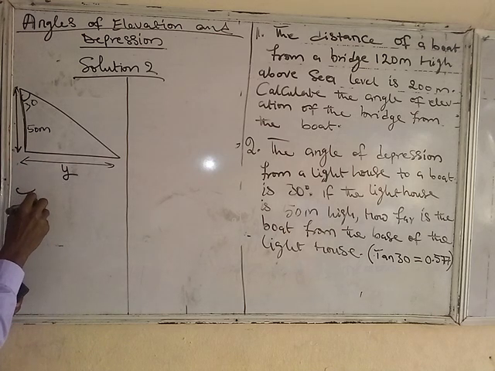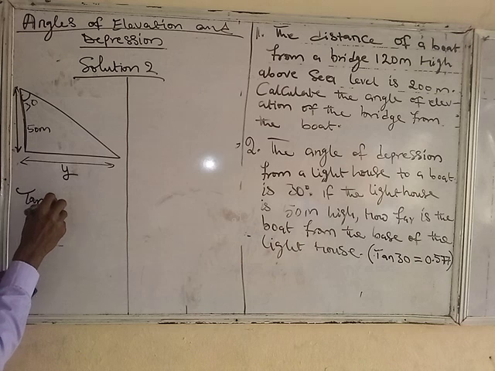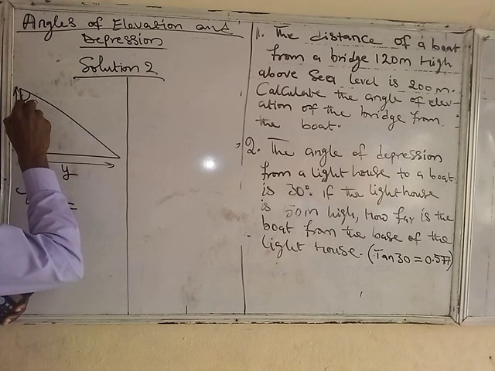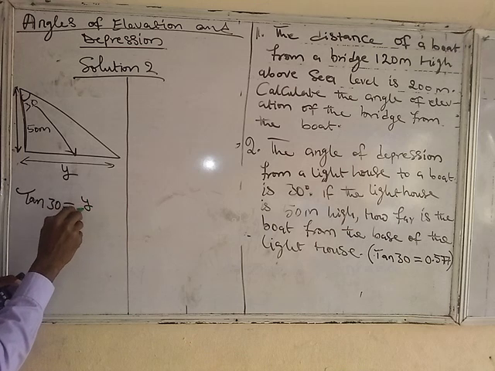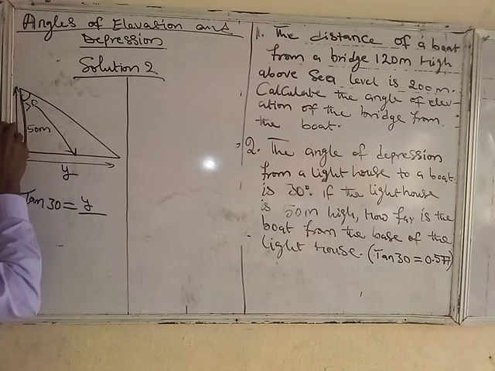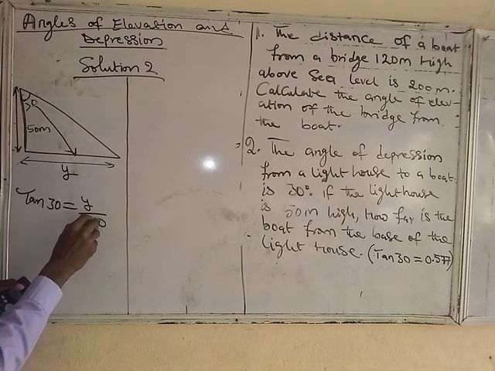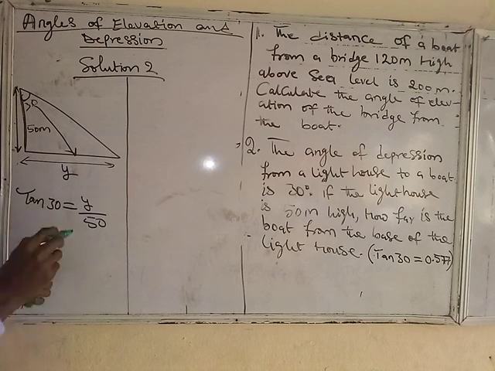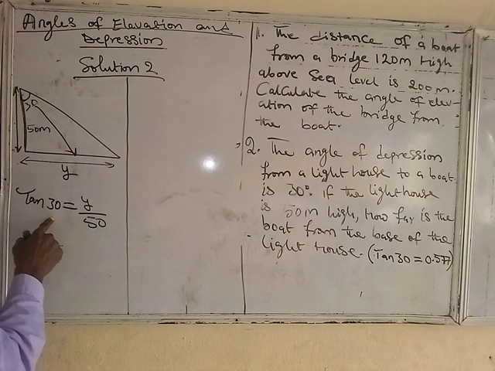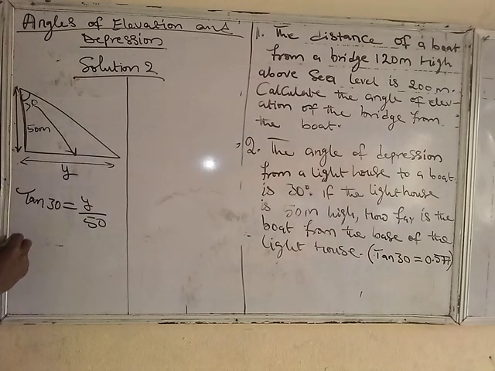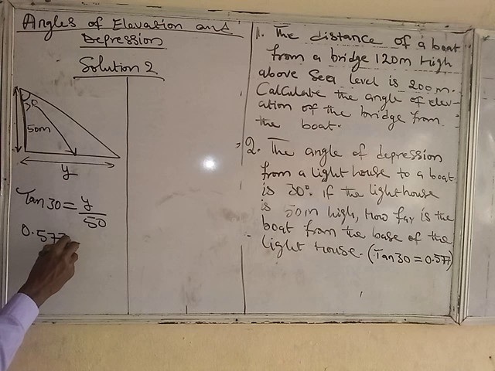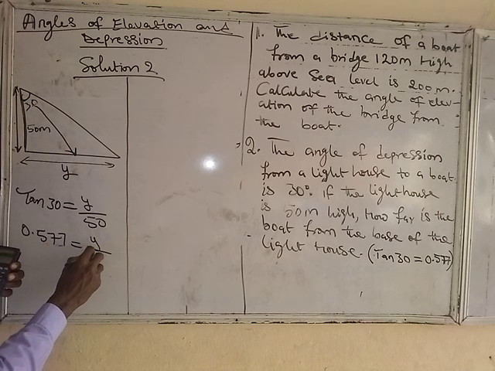So tan 30 is equal to, the opposite now is this, which is our y, over adjacent, which is 50 meters. Now, tan 30 was given from the question to be 0.577. So this is 0.577 equals y over 50.